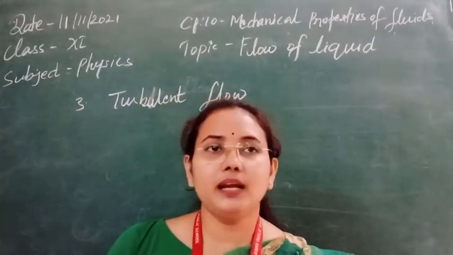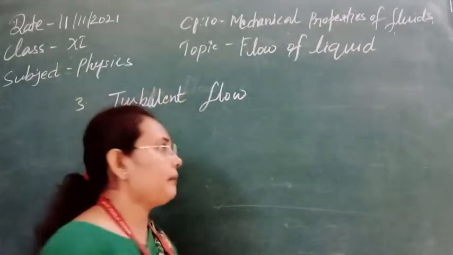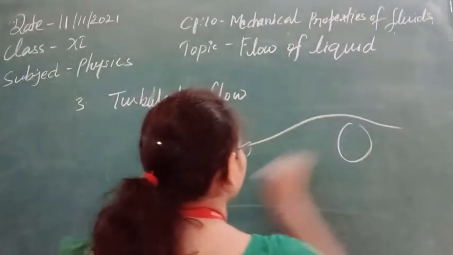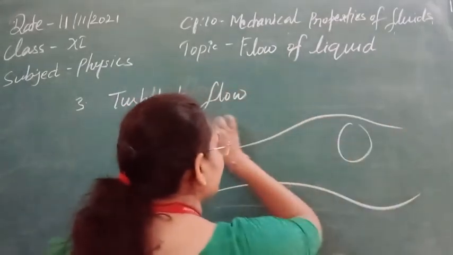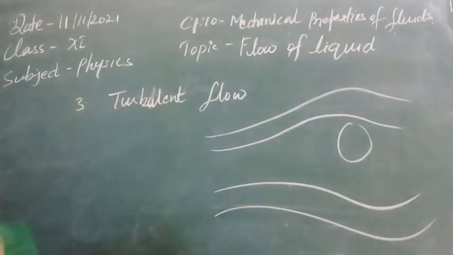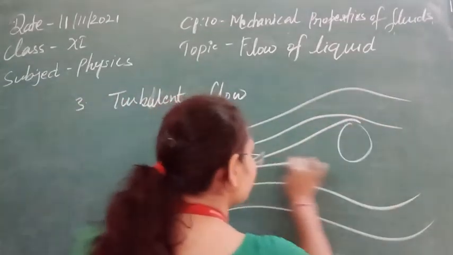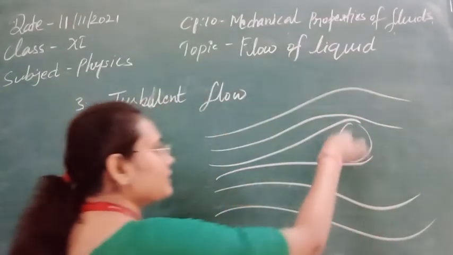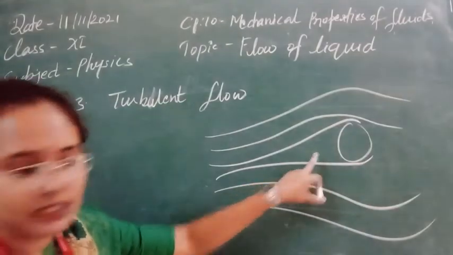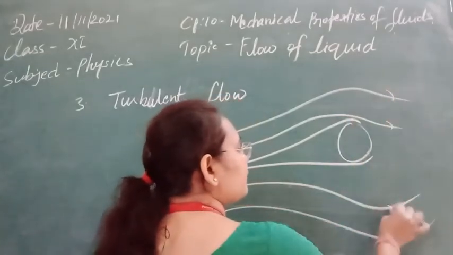We can achieve this kind of turbulence whenever there is some obstacle in the path of the liquid. Suppose the liquid is flowing here, and some obstacle is kept in the flow. Then the layer of liquid moving through will collide with this obstacle, and due to the collision its direction, which was this way, will start to change.